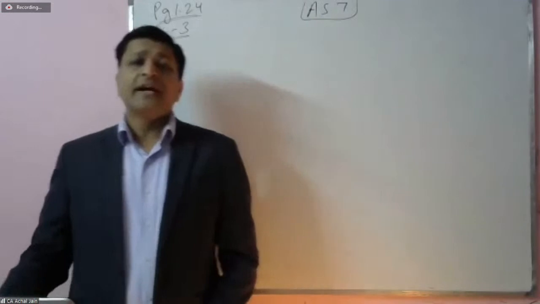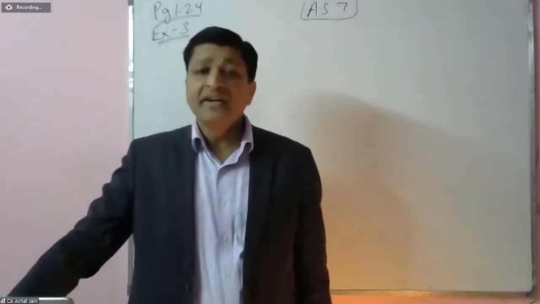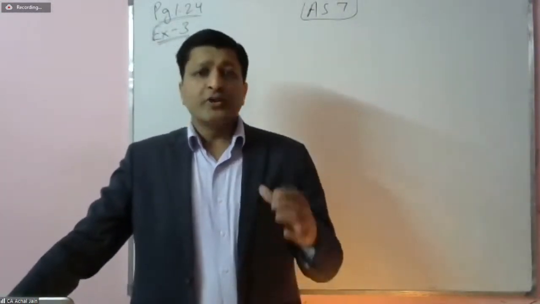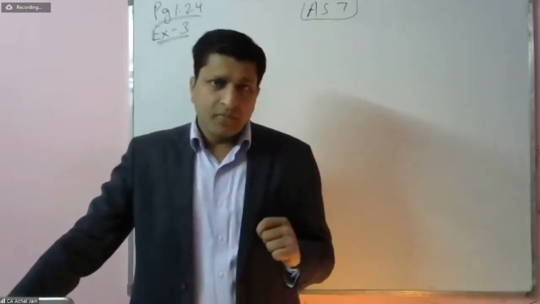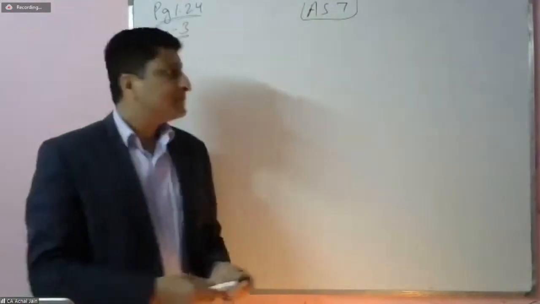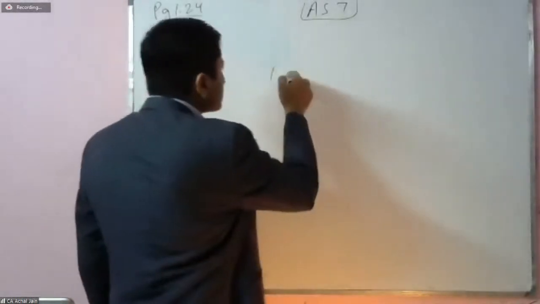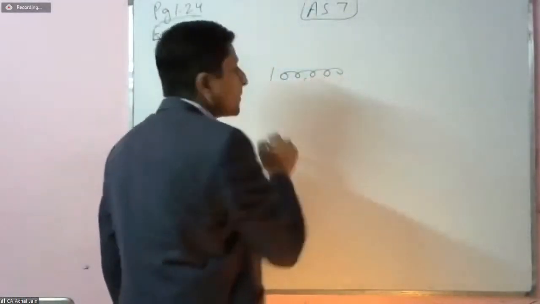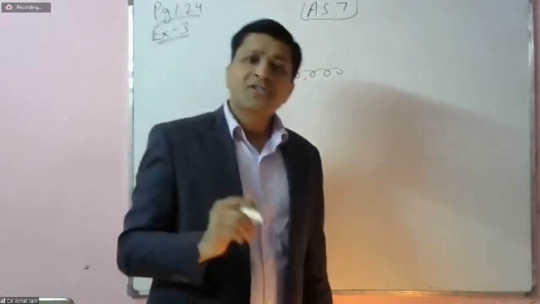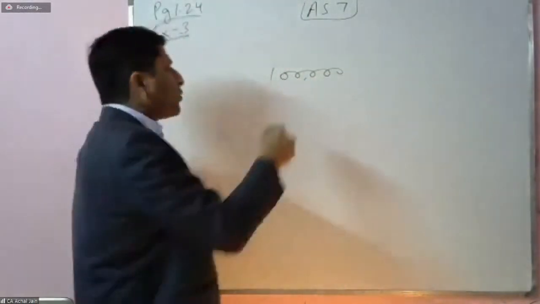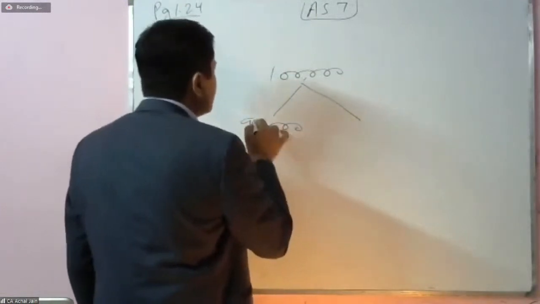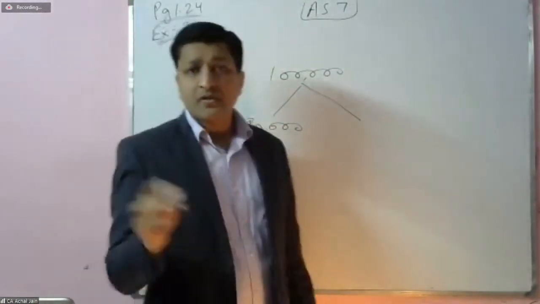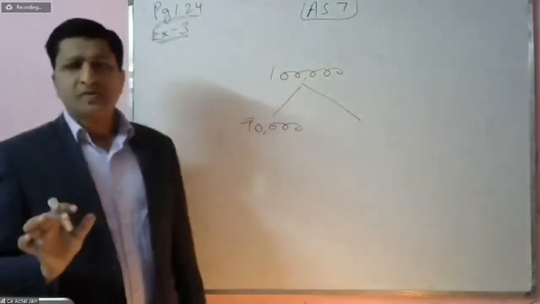Sharon had a query regarding 99,000. How did we get 99,000? So 90,000 was the amount which will be reimbursed out of 1 lakh. 1 lakh is the total amount spent, cost incurred. Out of this, the question says only 90,000 will be reimbursed, meaning 10,000 will not be reimbursed.